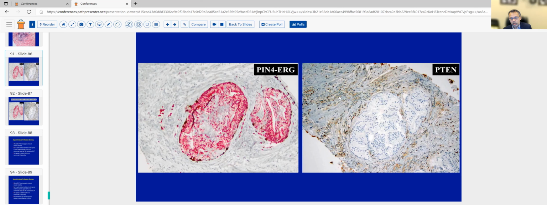You can see strong internal control, which is very important to appreciate, but this gland shows complete lack of PTEN expression, almost looks like white glands. So this type of PTEN loss and ERG overexpression strongly suggests that this is not high-grade PIN, but is an example of atypical intraductal proliferation, essentially an intraductal carcinoma.